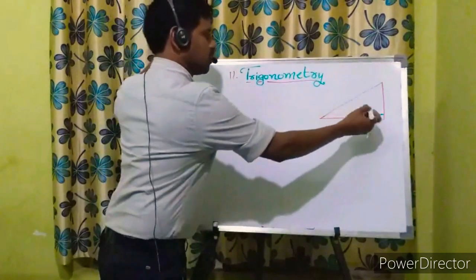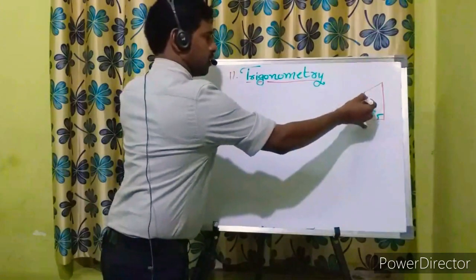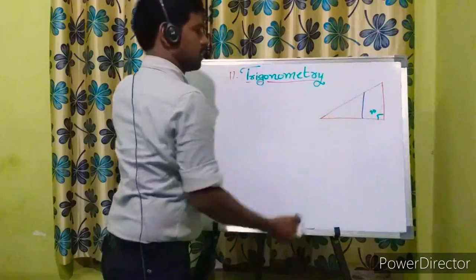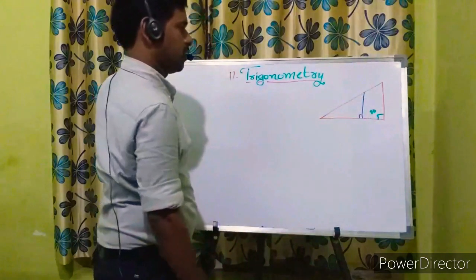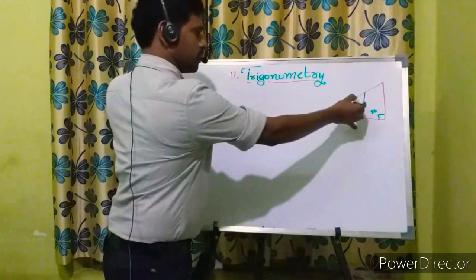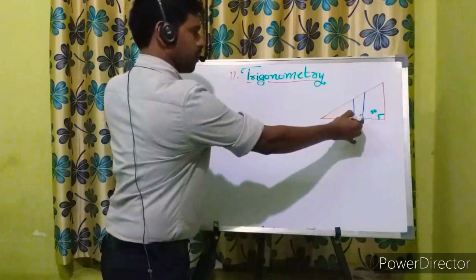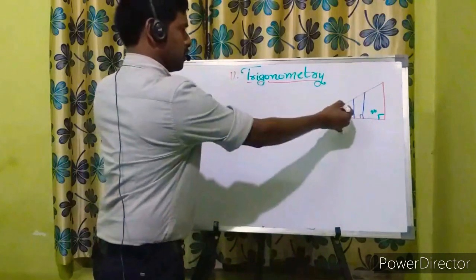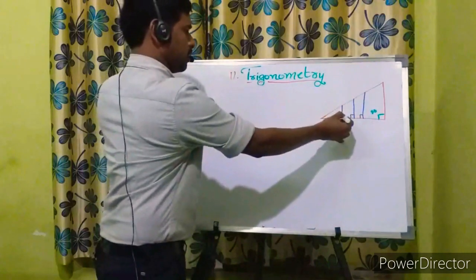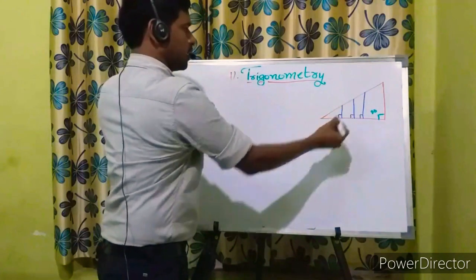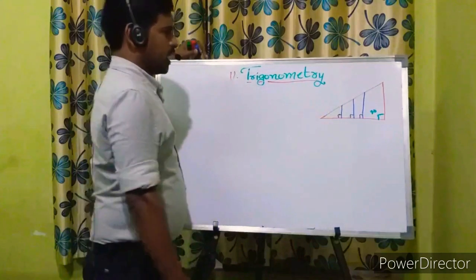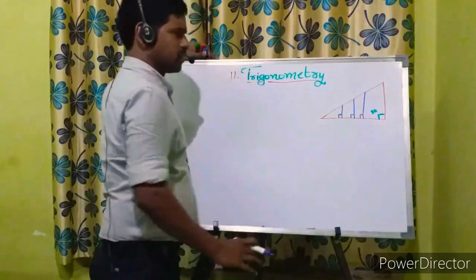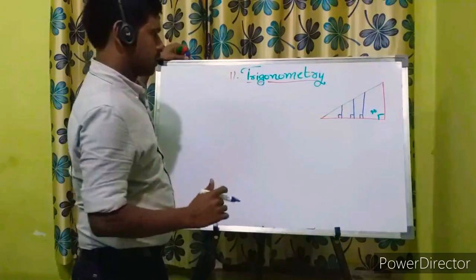Here is one part, and here is another part, and here is also one part, each making a 90 degrees angle. Then I have divided the right angle triangle into some parts.